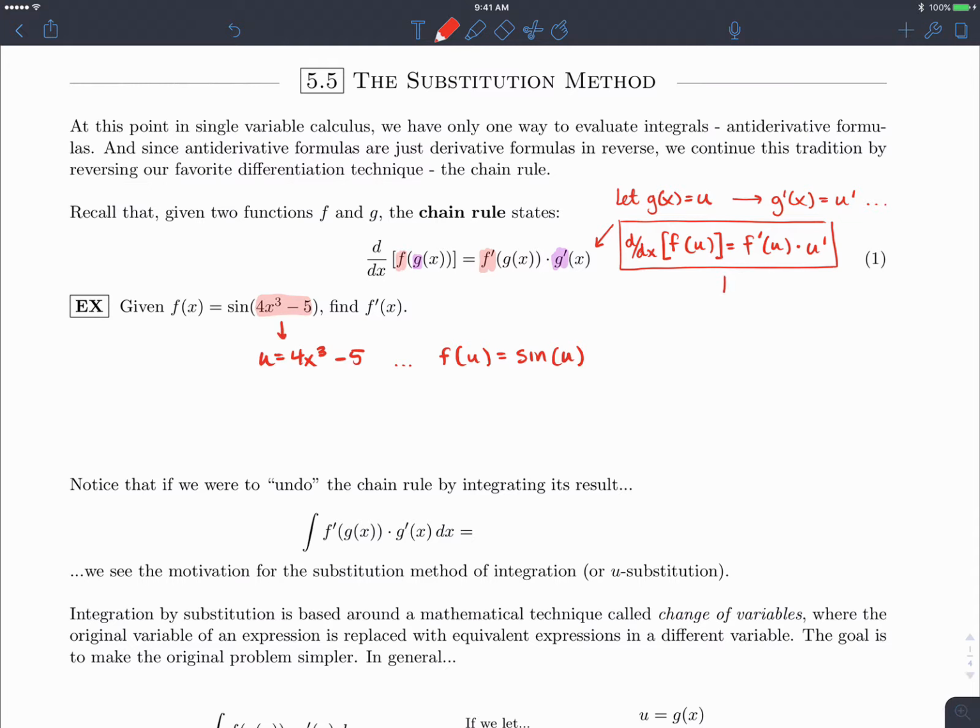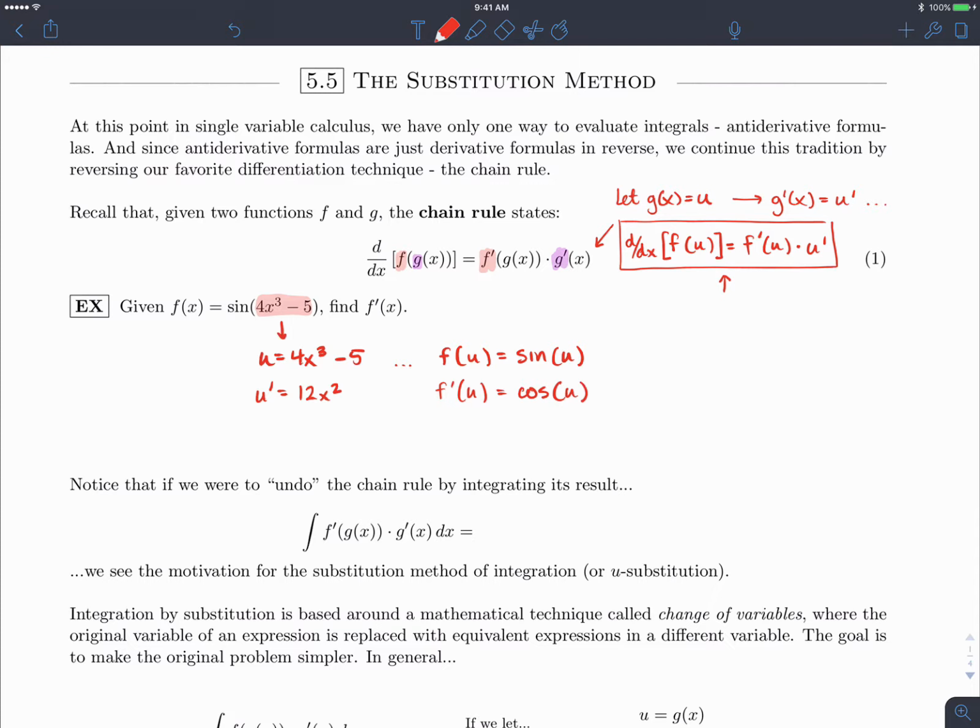Now this rule that we just set up here tells us if we want to take the derivative of f of u, it's going to be f prime of u times u prime. So let's get each of those. Well, f prime of u is just going to be the cosine of u, so it's just the derivative of the sine. And u prime, the derivative of 4x cubed minus 5, is just going to be 12x squared.